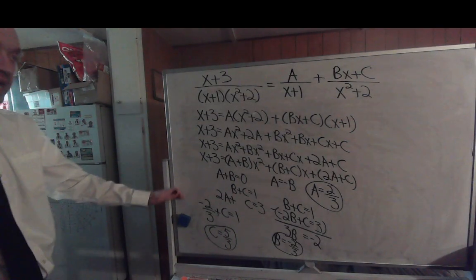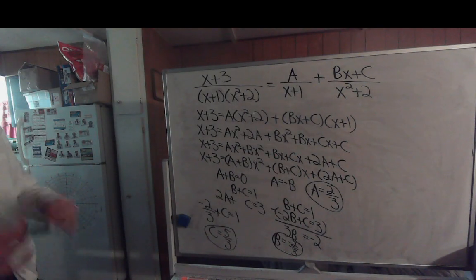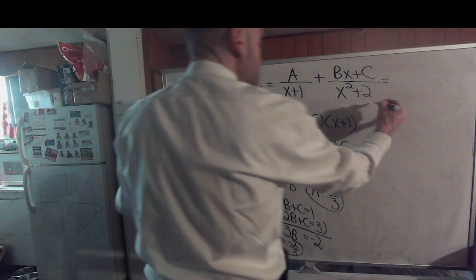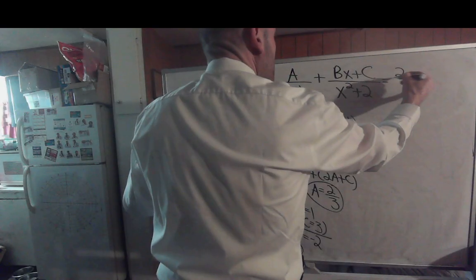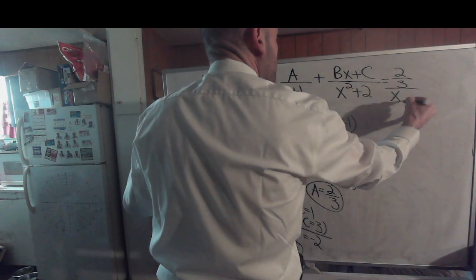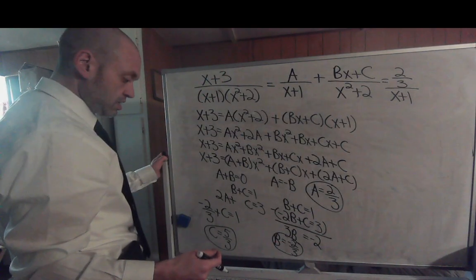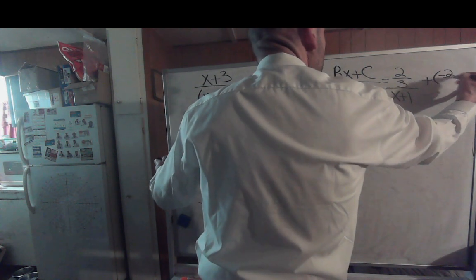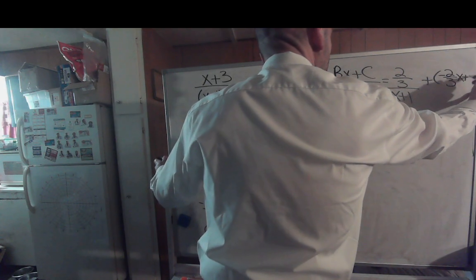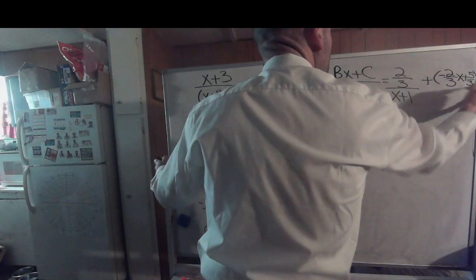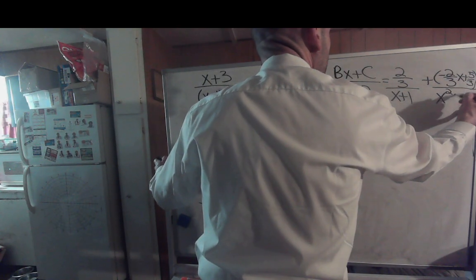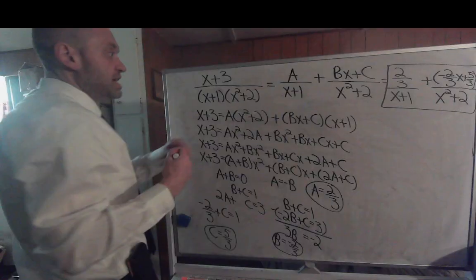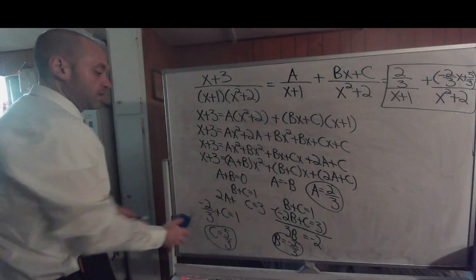So now we have found A, B, and C, so now we have found the partial fraction decomposition, which is going to end up being 2/3 over x plus 1, plus, I can say, negative 2/3 x plus 5/3 all over x squared plus 2. That is going to be my partial fraction decomposition for the original fraction here.